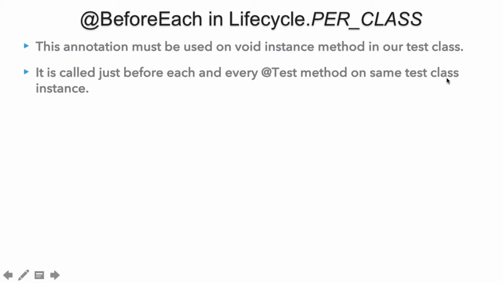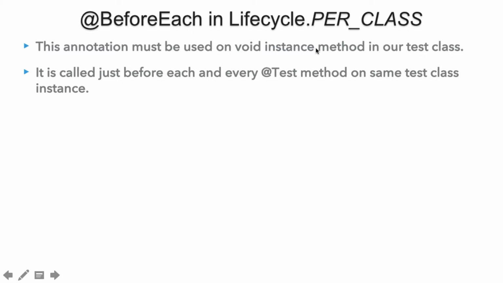In our previous lectures we discussed that when we use lifecycle per class mode, JUnit creates only one instance of test class. Therefore this @BeforeEach is called just before each and every @Test method, but on the same test class instance.